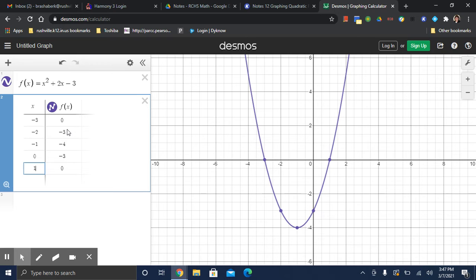On either side of the vertex, you'll see the same numbers repeating, and those numbers we want to remember and write down on our table, on our notes. So we have 0, -3, and -4, and then it repeats -3 and 0.